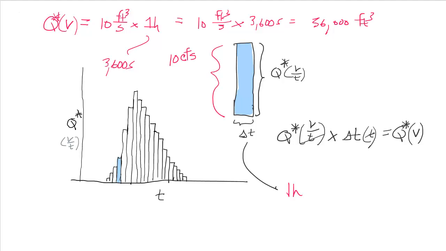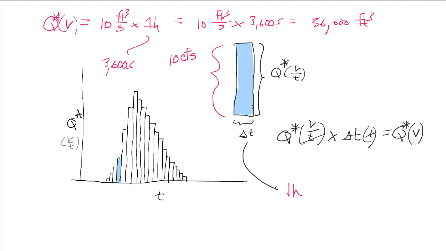So again, this is a measure of volume that's represented by the area of that blue bar, and then we would repeat that over and over again. So we'd get the total volume under that curve, which represents the total volume of event discharge, as the sum of all those boxes. It should be obvious that this is something Excel is just built for, because it can do these repetitive types of calculations.